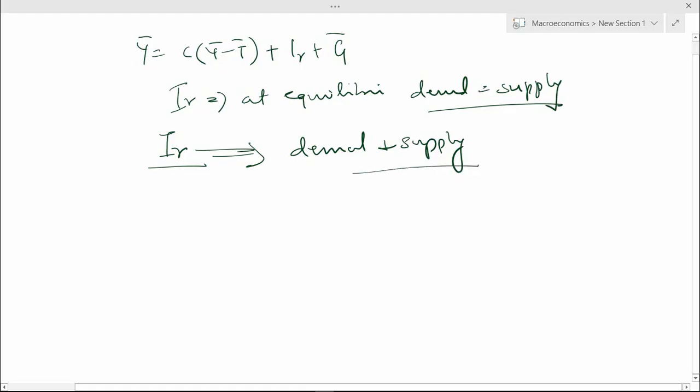So this gives you a fair idea that the only thing which is variable here is the interest rate, which is deciding the investments within an economy, which is nothing but the demand for goods and services.